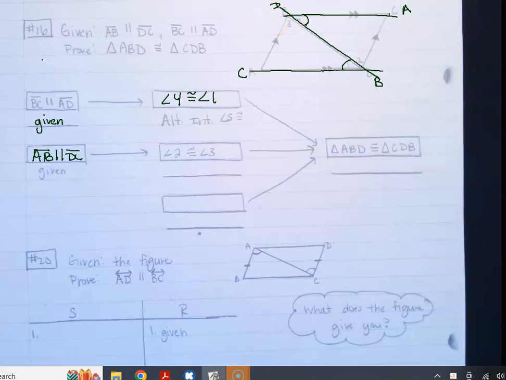So they're interior to the parallel lines, but 2 and 3 are also. Okay, so we can't say 2 and 3 here because this whole angle here would have to be equivalent to this angle, right? But 2 and 3 are cut by this other set of parallel lines.